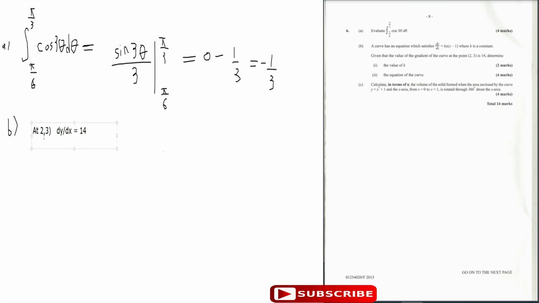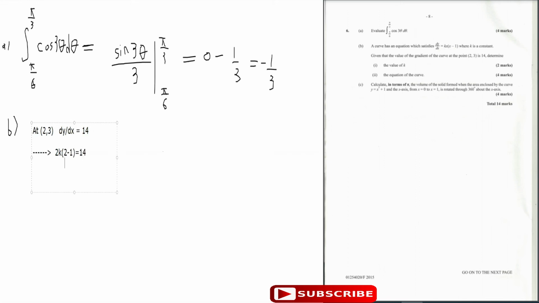And so what they're telling us then is k times x. At 2, 3, k is unknown, so that implies 2 times k times x is 2 again, times 2 minus 1 is equal to 14.